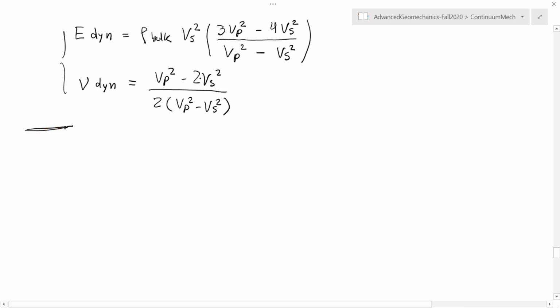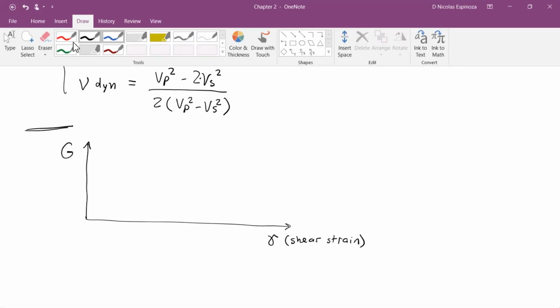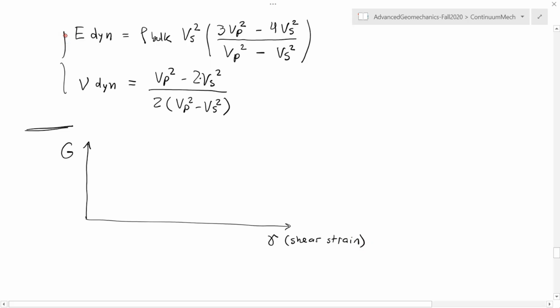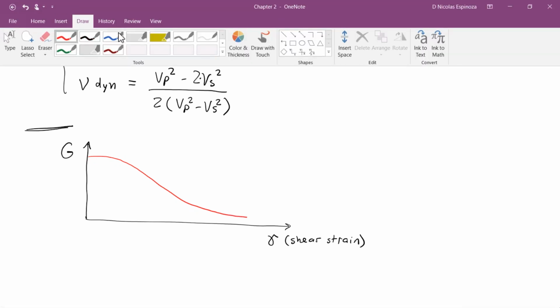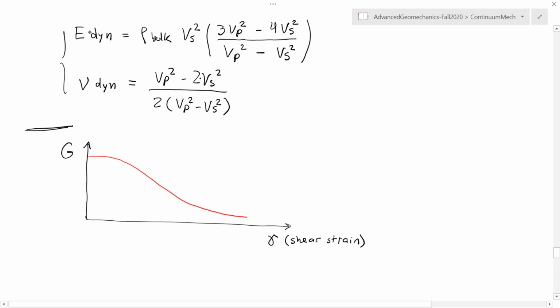So for example, if I were to plot the shear modulus of a given material, of a real material, as a function of the shear strain, I would find that for very small shear strains, the shear modulus is larger and starts to decrease as I increase the magnitude of the strain.